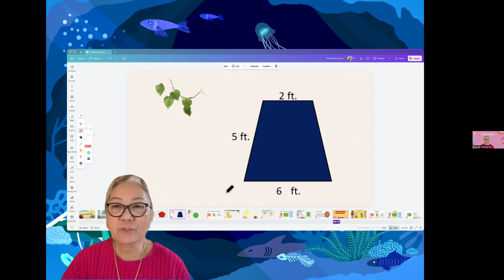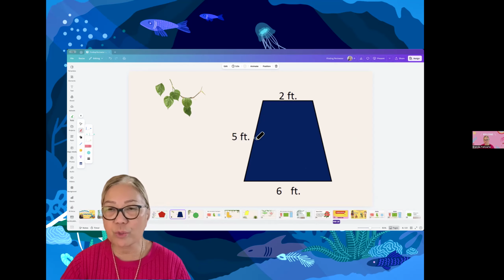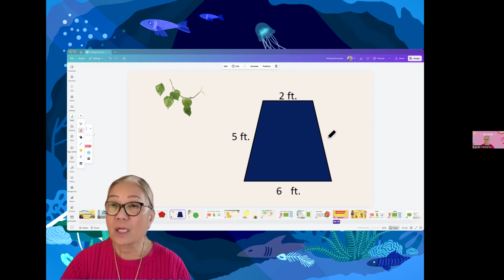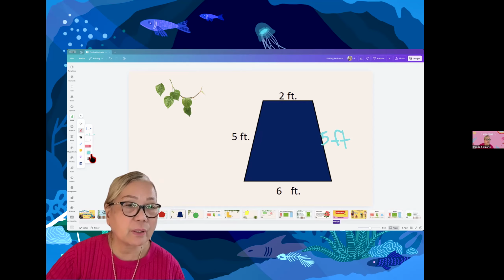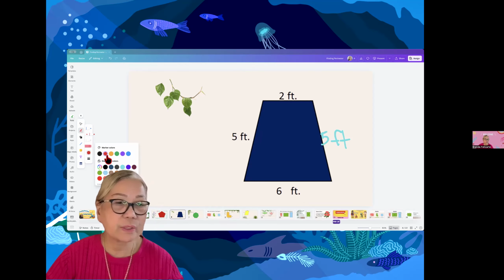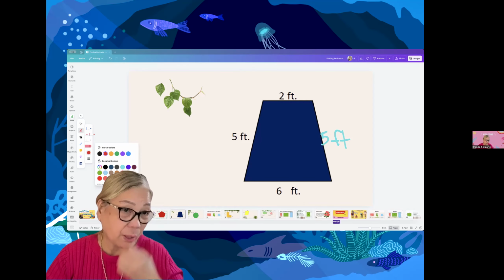A trapezoid has 4 sides. It's a quadrilateral. Because we know this side is 5 feet, this side here is also 5 feet. I'm going to use red. I always like red.